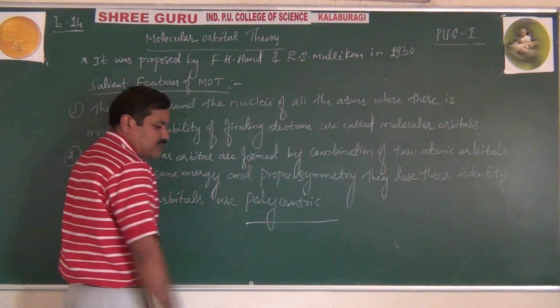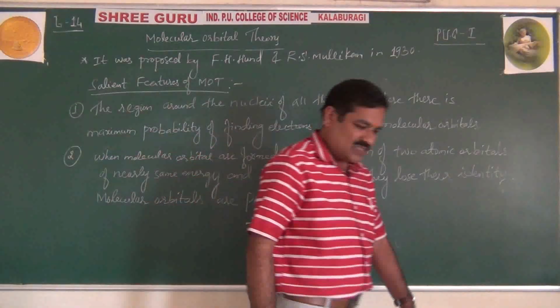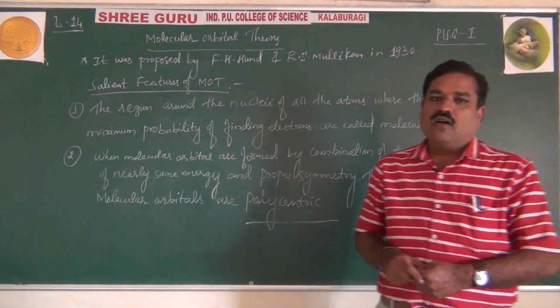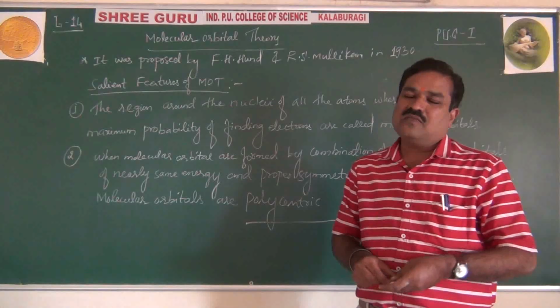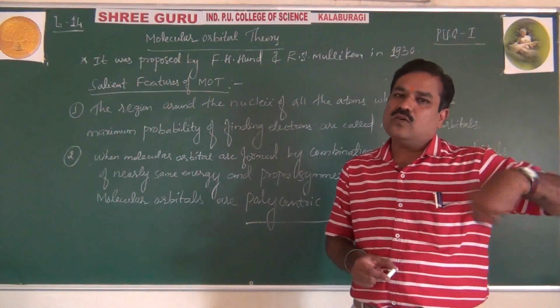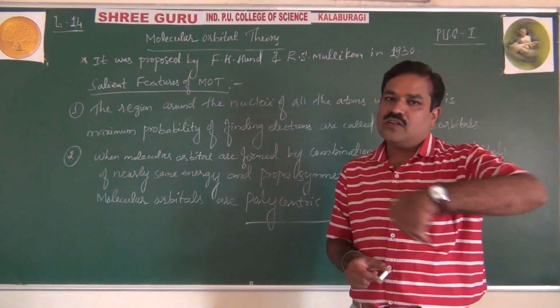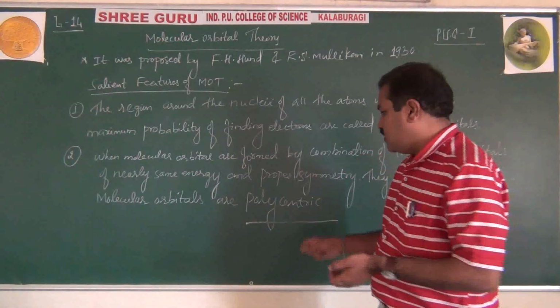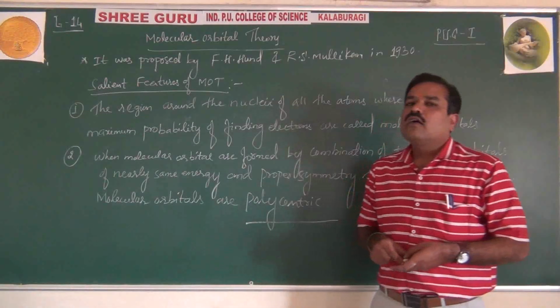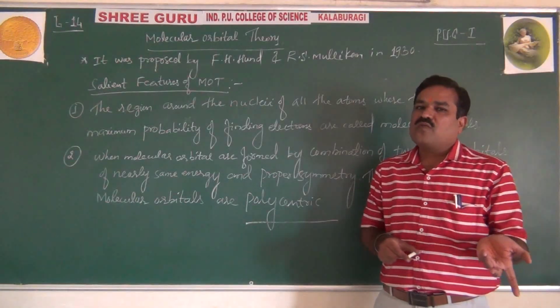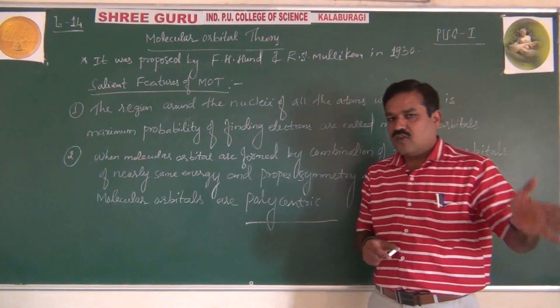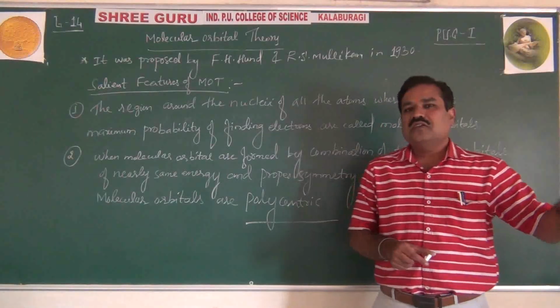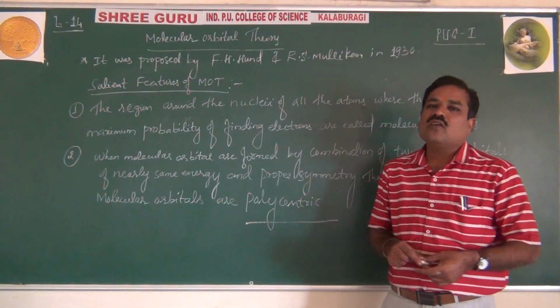They are not monocentric, they are polycentric. Polycentric means the nucleus of the atom is not only confined to itself, it is also distributed all over the molecule, which can take part in formation of molecular orbital. That's why it is called polycentric. Don't confuse it as many nuclei. No, that nucleus is distributed all over the molecule, which can take part in formation of molecular orbital.